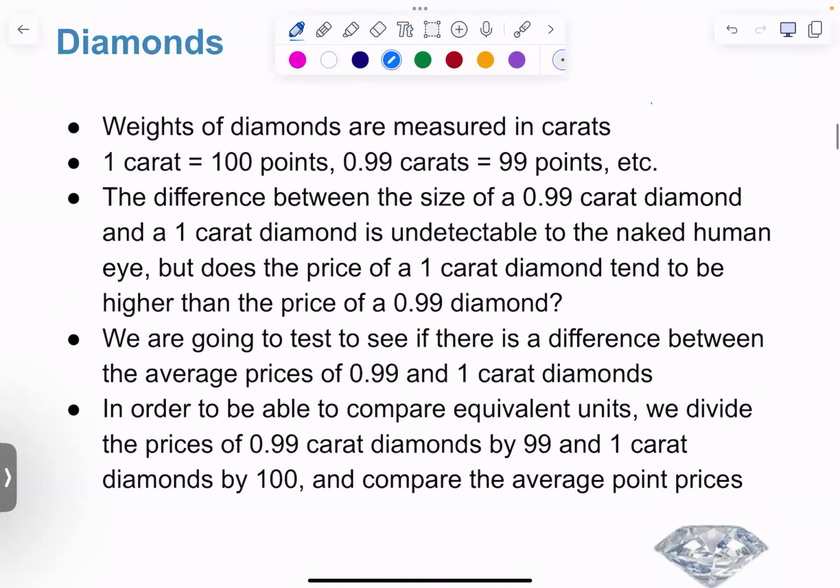Well, first we have to assume our null hypothesis is that mu of 1 carat diamonds is equal to the mu of 0.99 carat diamonds. We have to assume that they're the same, on average. Whereas this bullet says the alternative hypothesis: we want to know if mu1 is significantly higher than mu of 0.99.